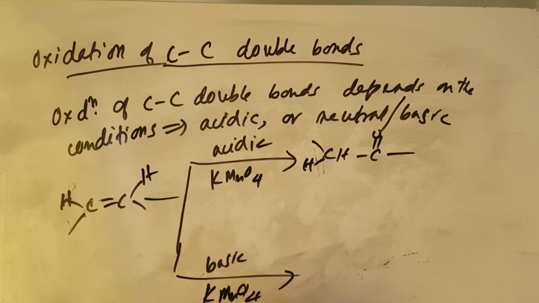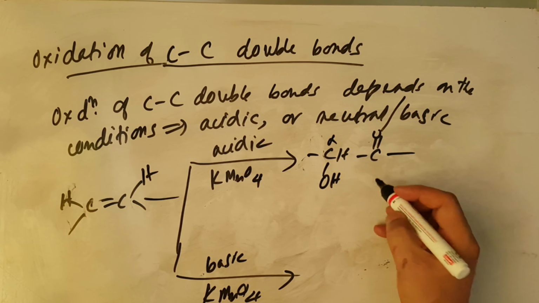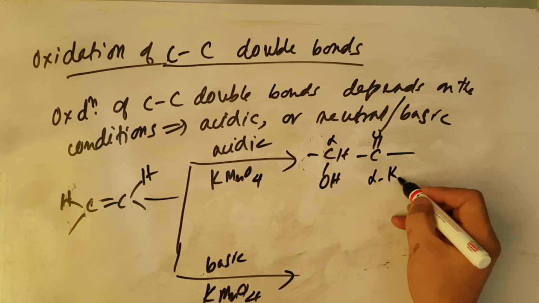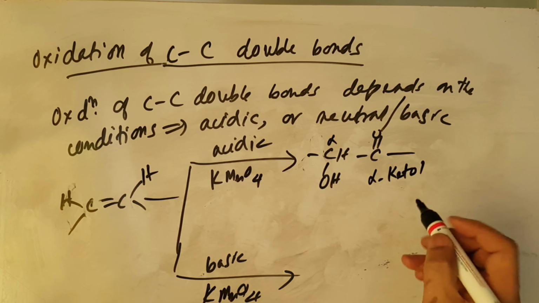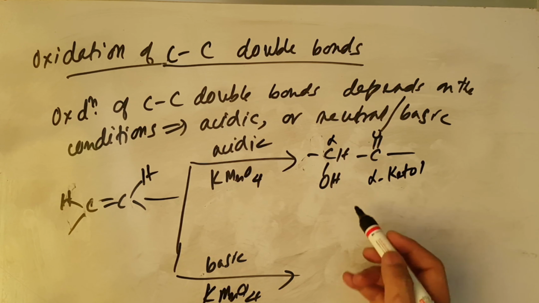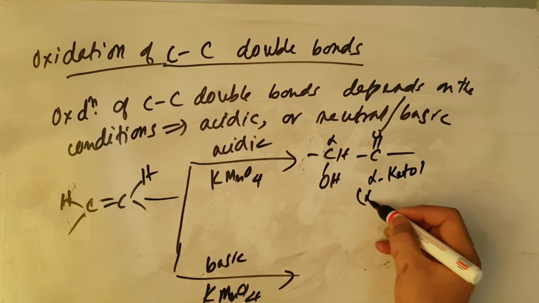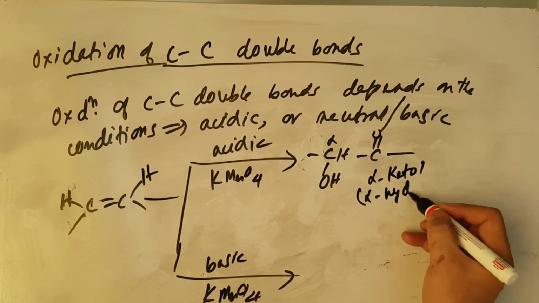So first, in acidic medium, we get an alpha ketol. See, here we got a ketol, alpha hydroxy ketone. You can say alpha ketol, or simply ketol, or alpha hydroxy ketone.